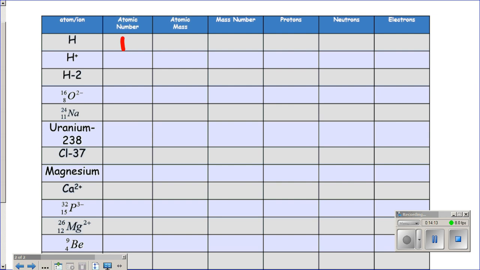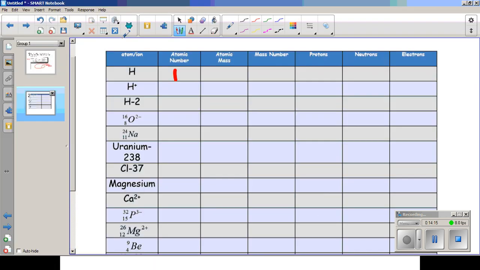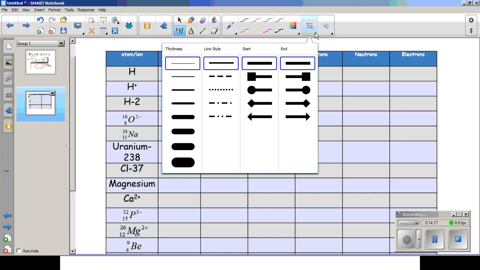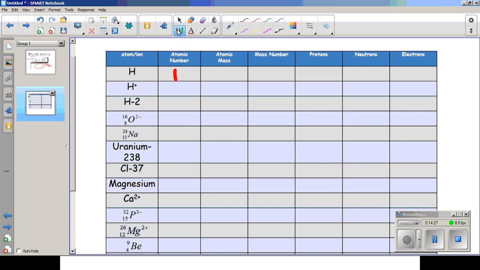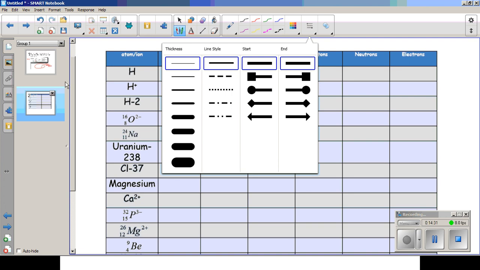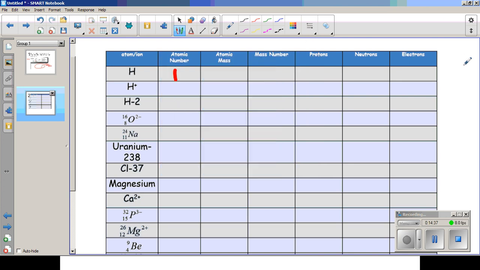And we can get the atomic mass again from the periodic table. And its atomic mass is 1.008. Just looking at your periodic table. I might have a different periodic table in front of me, but 1.008. You can use the one from your textbook.